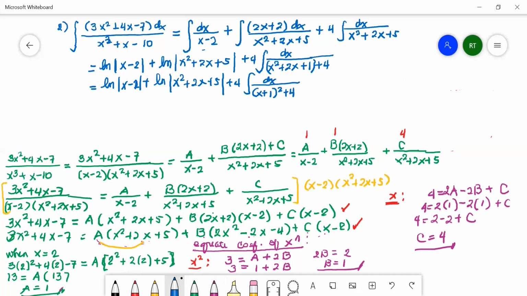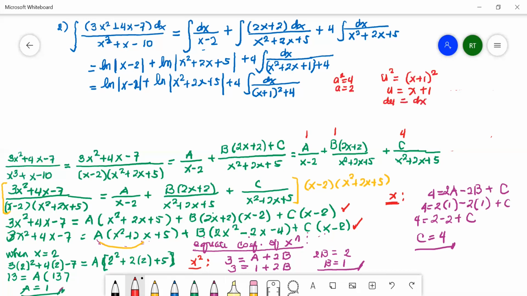And note that the integral leads to arctan, where a squared, okay, where we will let a square is equal to 4 and a is equal to 2. Of course, we will let u square is equal to the quantity x plus 1 raised to the second power, and getting the square root of both sides gives us u is equal to x plus 1. And getting the differential of both sides, we have du is equal to dx.